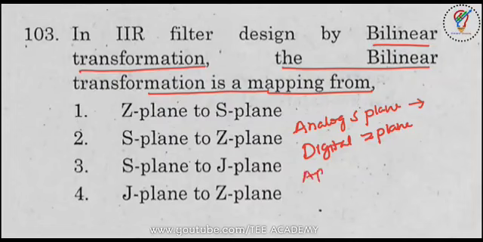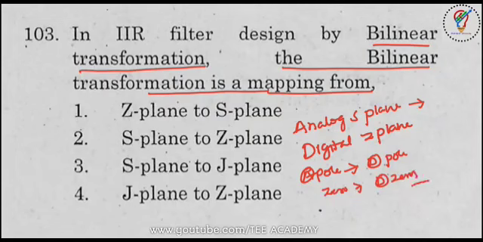So if an analog pole is there, it is transformed into a digital pole, and similarly an analog zero is transformed into a digital zero. All the poles and zeros are mapped. So the answer for this question is 2, the right answer.